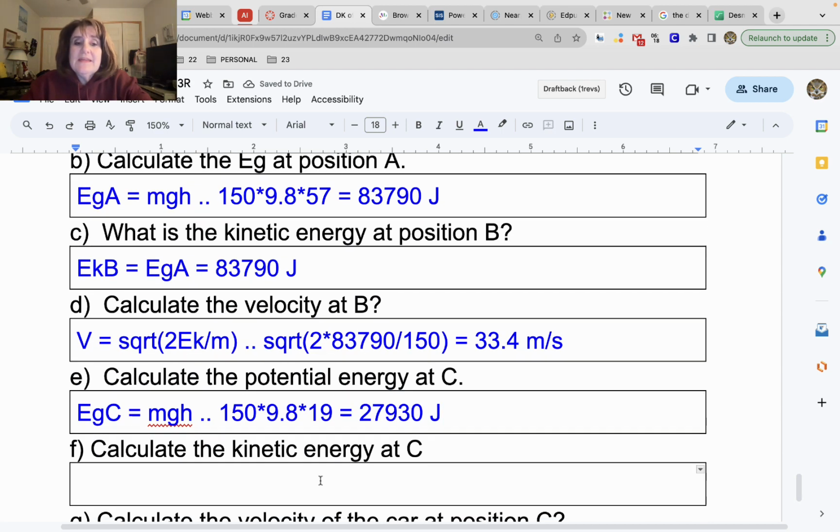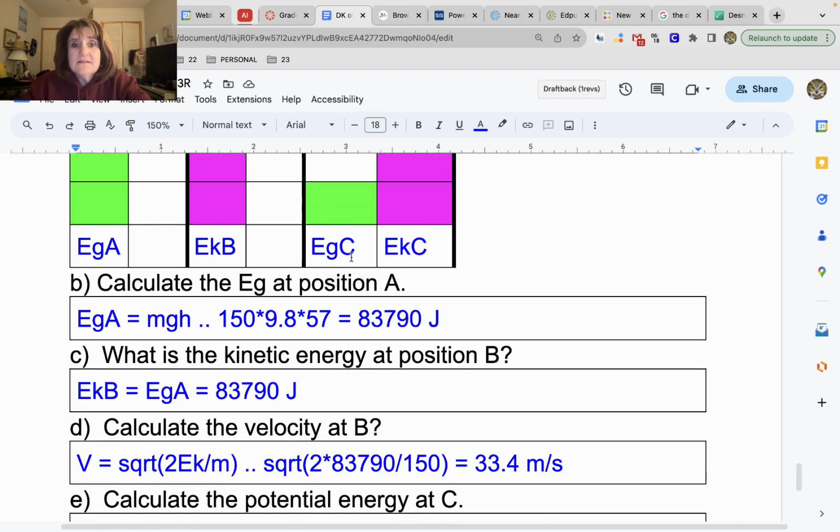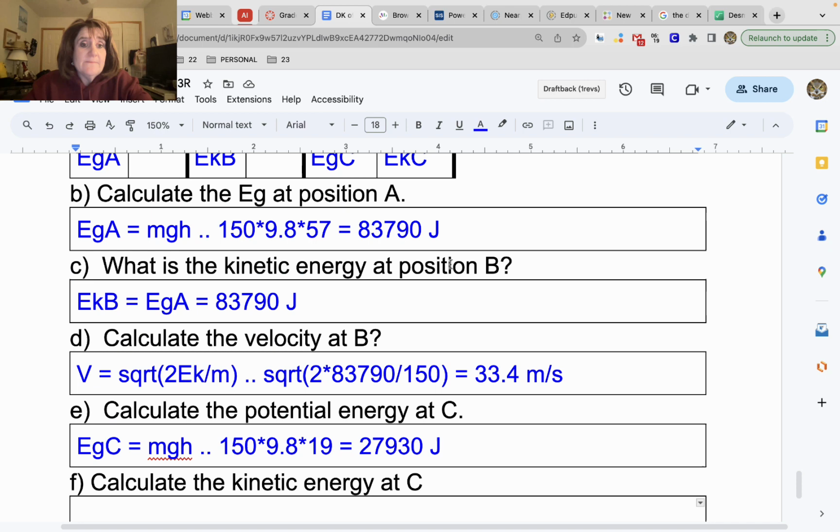Now remember, the EK can be found one of two ways, either by subtracting, because I know the total, or by using the actual EK formula, which I have to have the velocity for, and I don't know that.